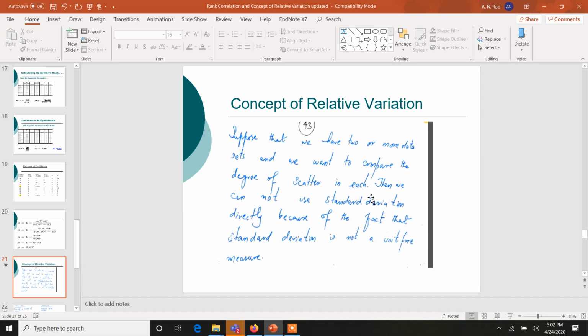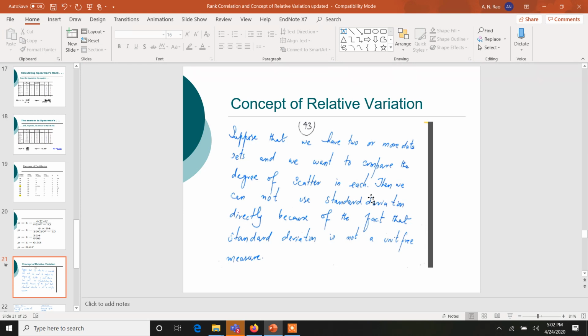Now we cannot compare the standard deviation of these two data sets directly because the units are different. So just because the units of the data are different, you cannot use standard deviation to compare the variation in these two data sets.